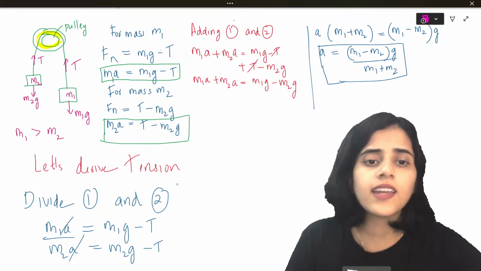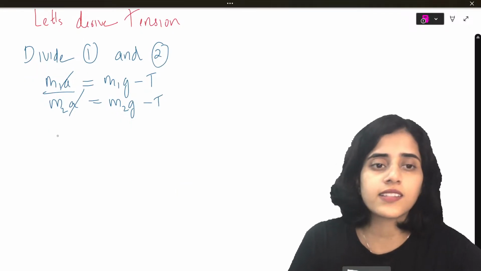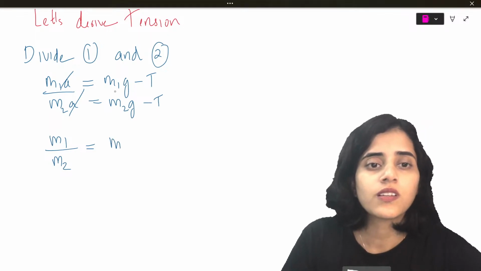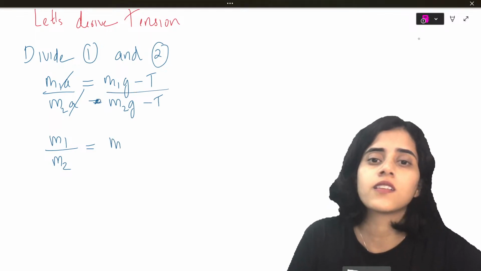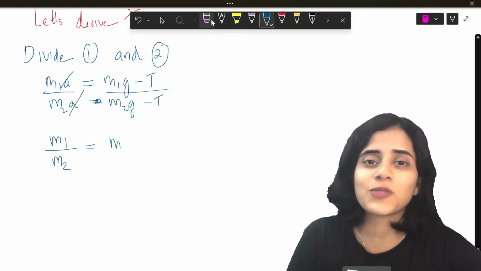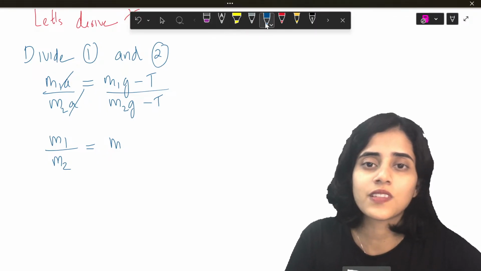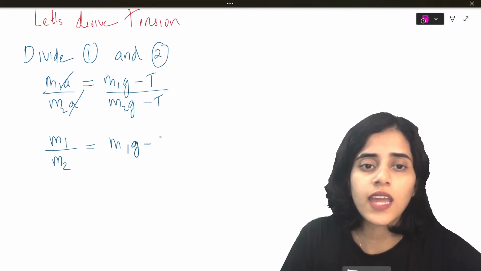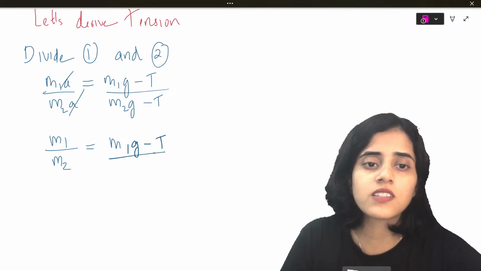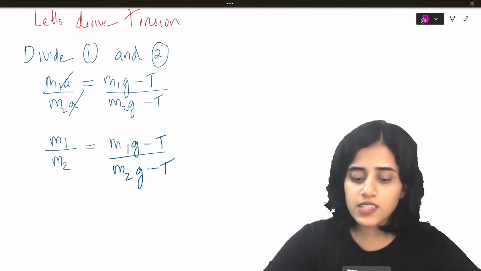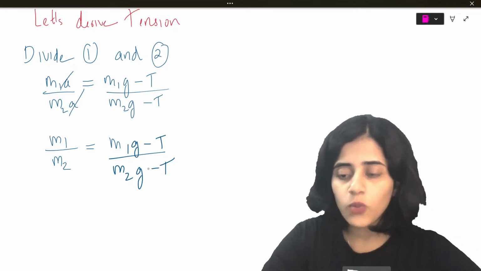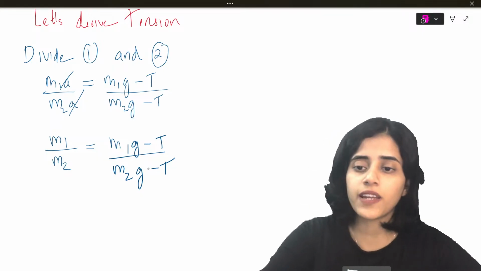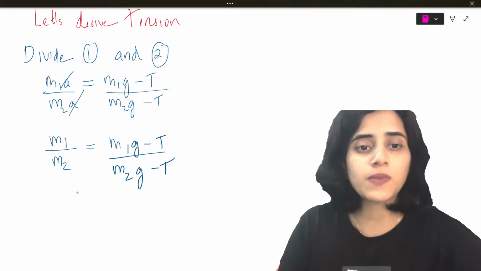So A and A I can cancel. What remains? M1 by M2 is equal to M1G minus T divided by M2G minus T. Now I am going to cross multiply.